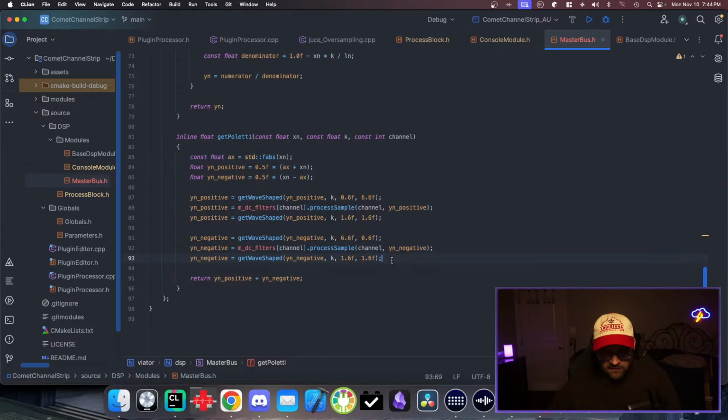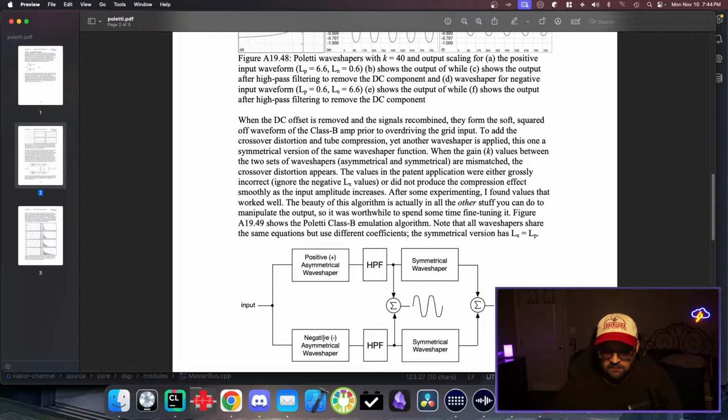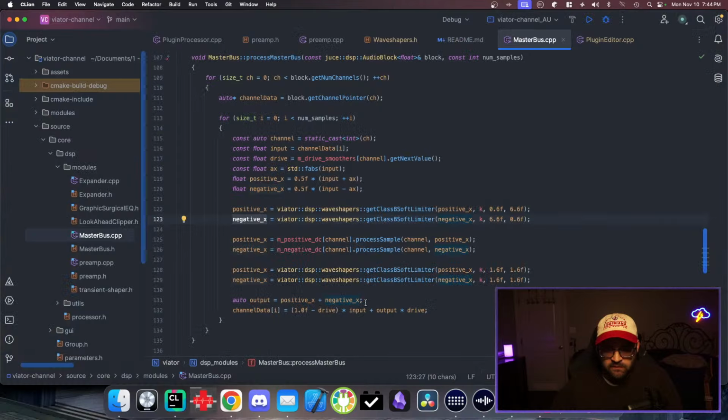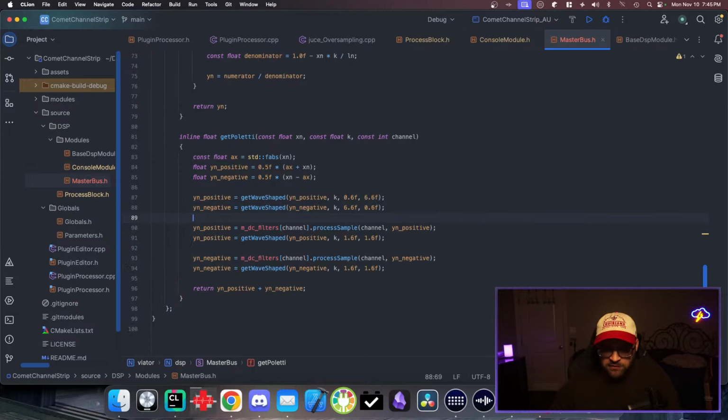If we take a look at this, I did the positive and negative asymmetrical one. Then I did the filter. Then I did the... Which, isn't this the same thing? Like this would be the two asymmetrical ones.